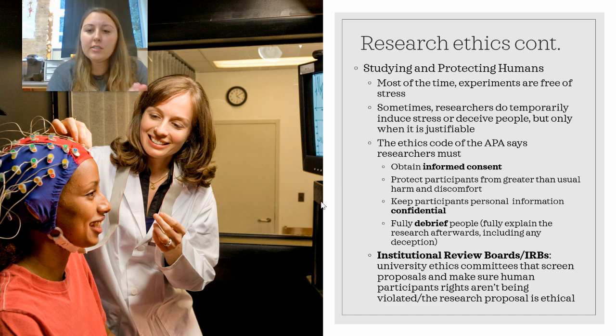So the ethics code of the APA says that researchers must obtain informed consent, meaning if you're going to do a study on a human, you need to tell them kind of the basics of what's going to happen in the study so they can decide if they want to do this or not. Now, sometimes there is allowed a little bit of lying, but the lying has to be justified, and it cannot be like a huge lie.